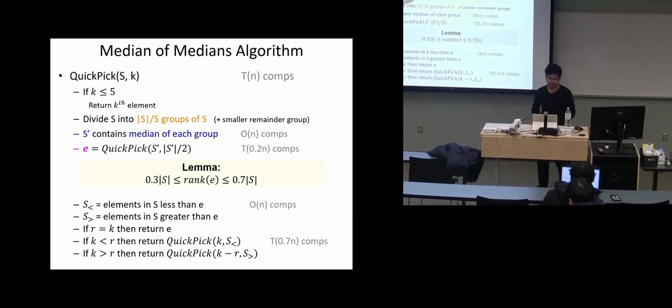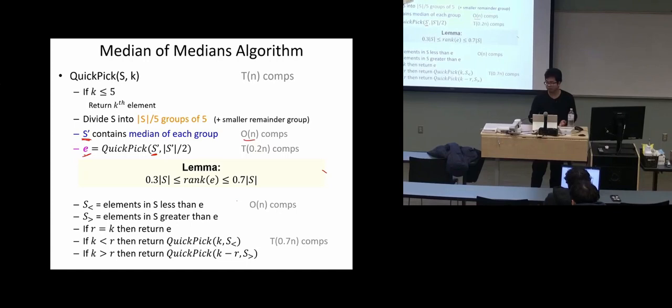Good. So let's analyze this. First, computing S prime takes linear time. Why? Because what we do is just sort the numbers, but each group is of size 5, so that's constant. We do that for linearly many groups, so that takes O(n). How do you get E? You do it recursively on S prime.